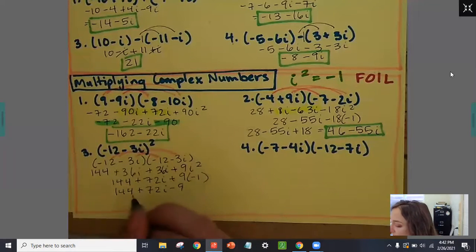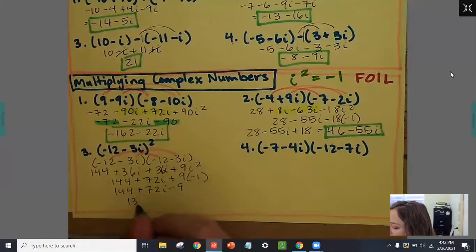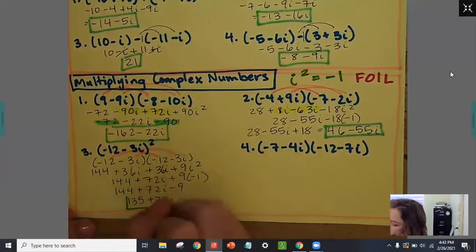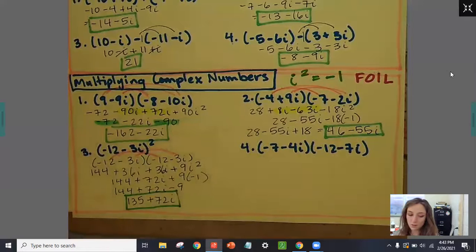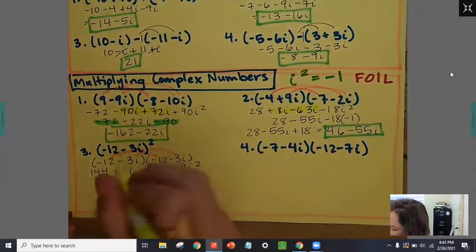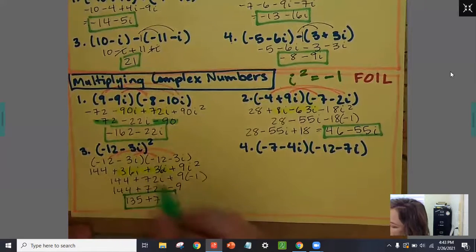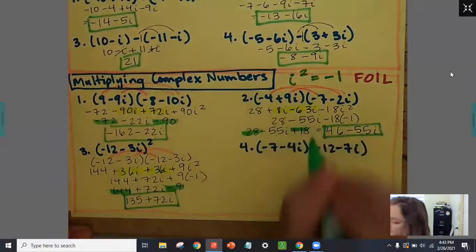So 144 minus 9 is going to give us 135 plus 72i. Okay, and we'll just do some highlighting here to show what terms we combined.